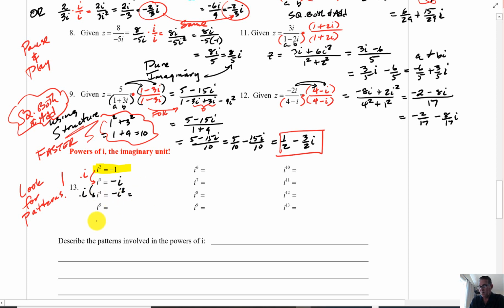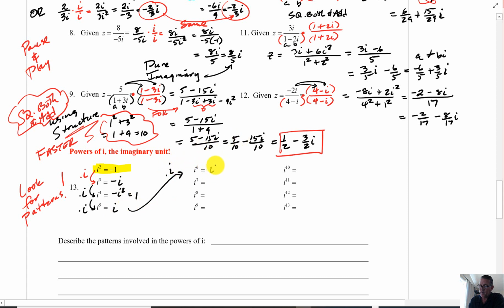But there are patterns. There's other ways to do it too. This is positive 1. And then times i again. To get to i to the fifth, you got to multiply it by another i. So 1 times i is simply i. And then there's certain patterns that are going to go on here. Now to get from i to the fifth to i to the sixth, you got to multiply it by i.